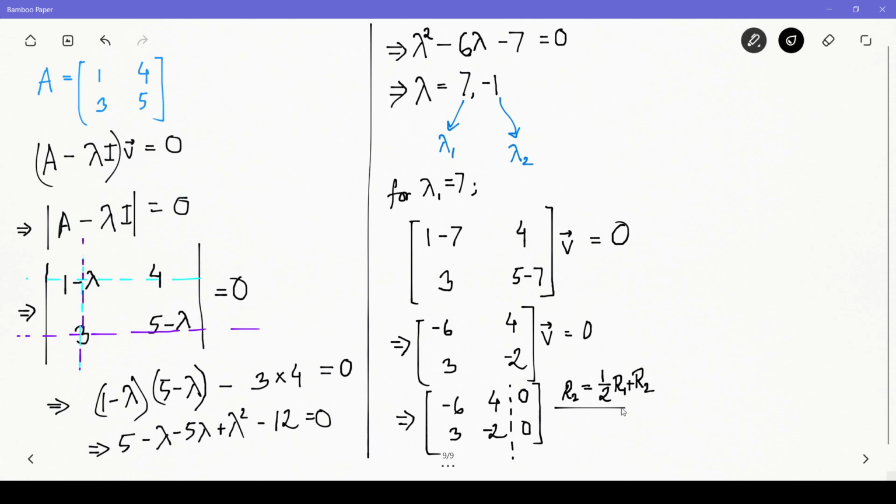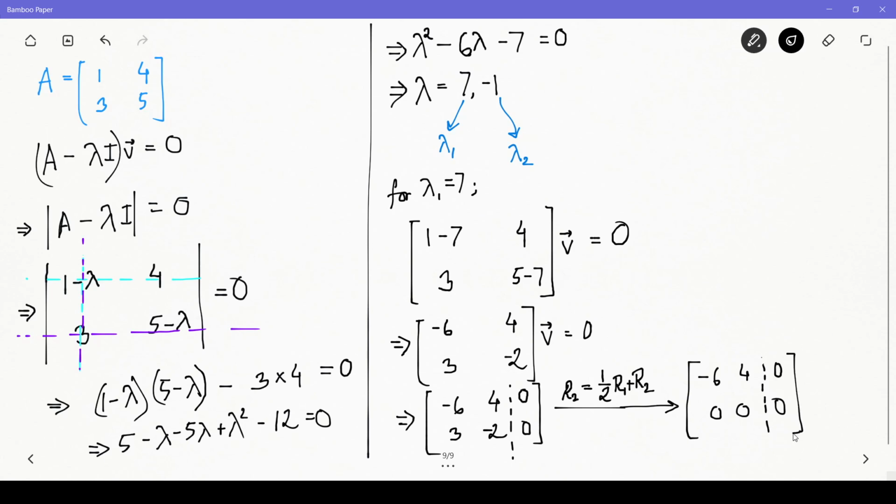So I'm eliminating this entry over here, but upon doing that I'm eliminating this entry as well. So in our last row we get a series of zeros. It ends up looking like this: minus 6, 4, 0, and we have 0, 0, 0.